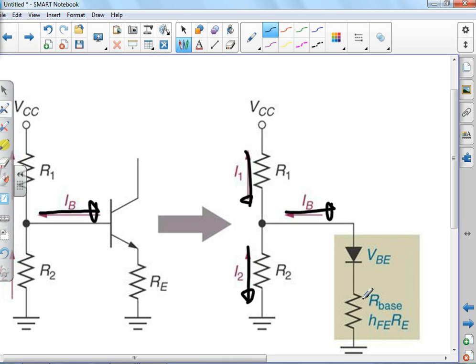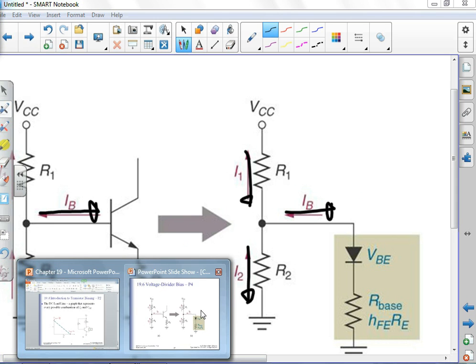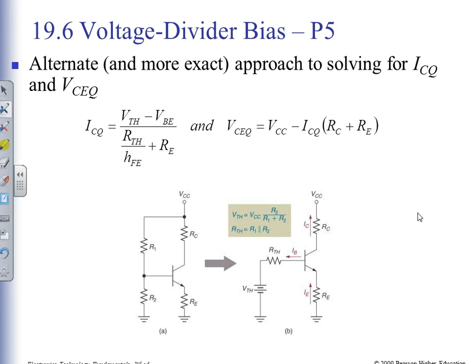So I've got some resistance at the base that I'm calculating. I have a 0.7 voltage drop base to emitter. I have some gain associated with the transistor, some DC gain, and that's how I'm calculating those things.